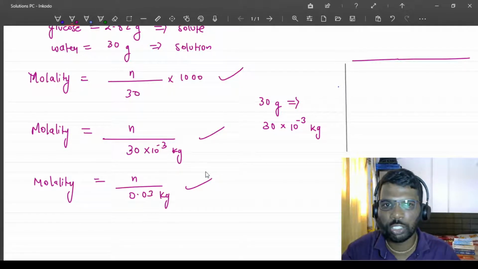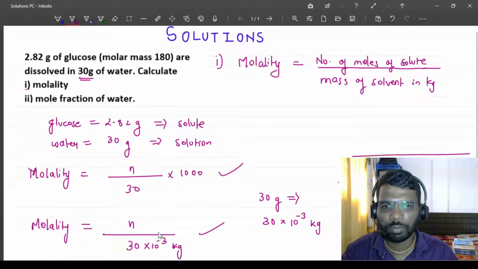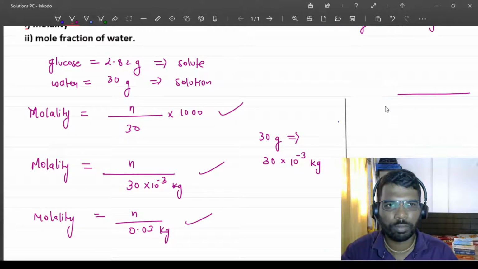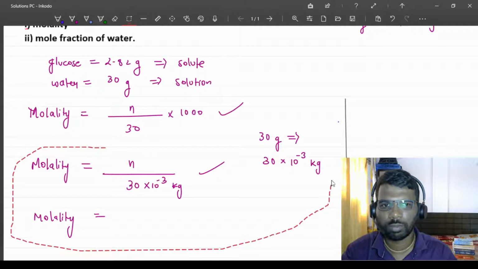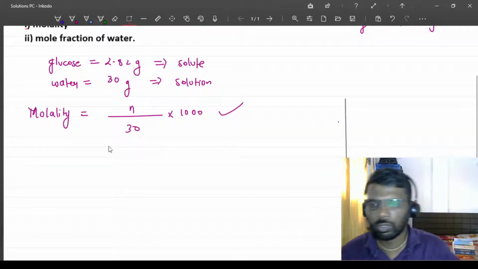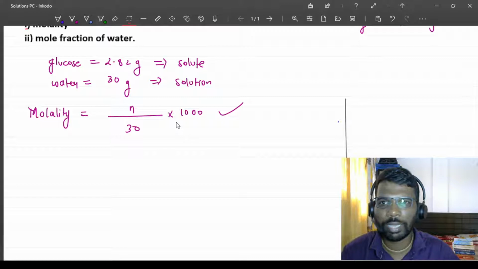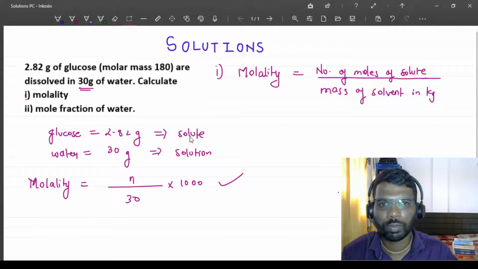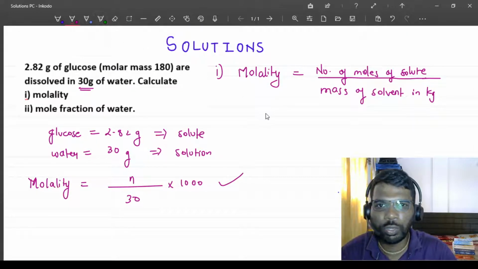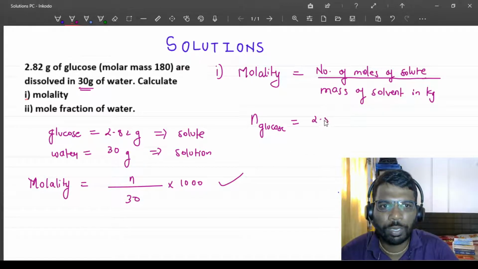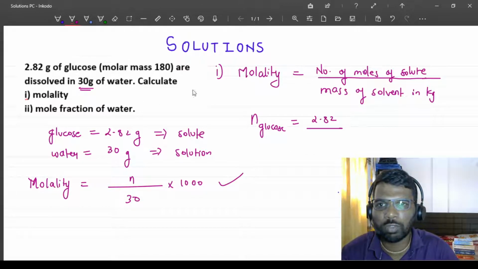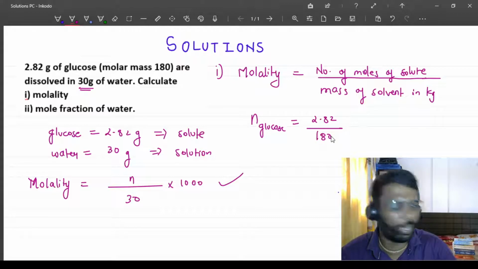So let's solve this question by using one of the formulas. Here, for molality, first I need to calculate the number of moles of solute, which is glucose. The number of moles of glucose will be the weight taken, 2.82, upon the molar mass of glucose, which is given as 180.